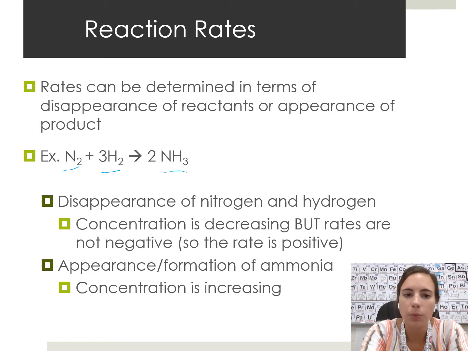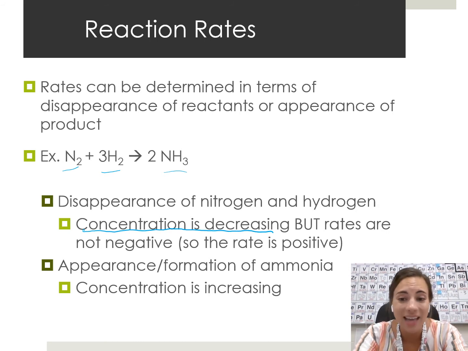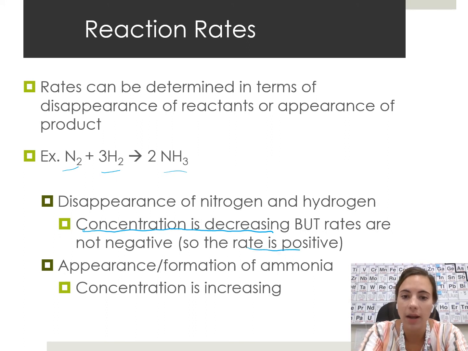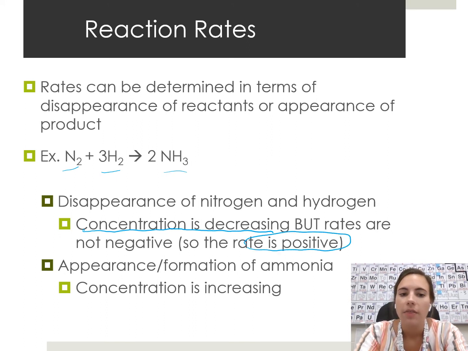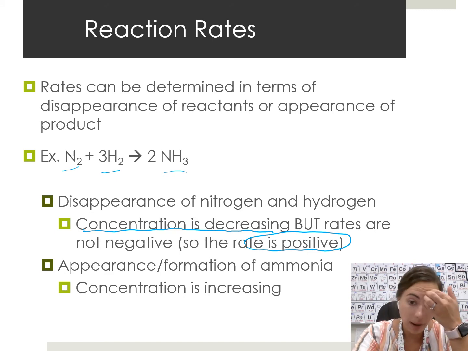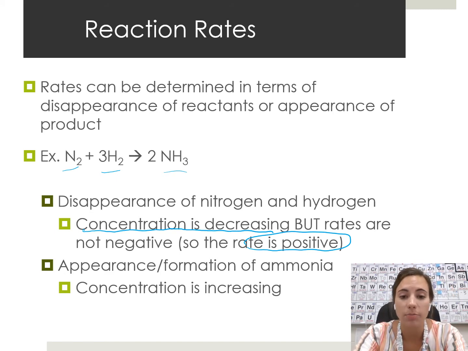Now remember, for reactants, the concentration is decreasing, and so mathematically that would give me a negative number. But rates are not negative, so the rate is positive. Then we have the appearance or the formation of ammonia. We don't have to worry about that sign changing because that will mathematically give me a positive number, so rate is still positive.